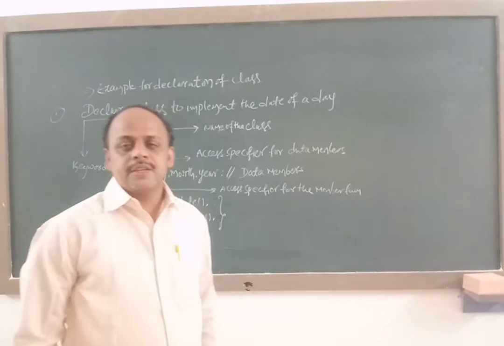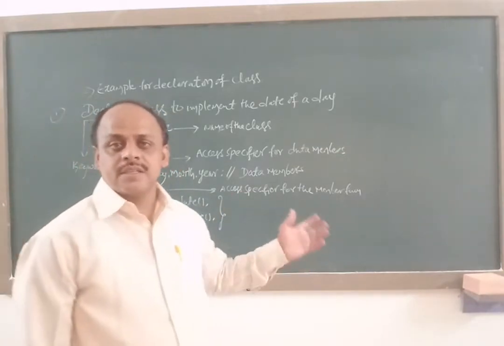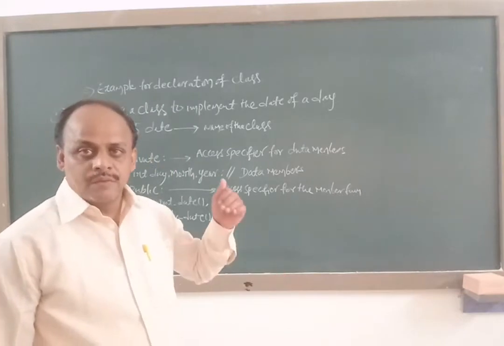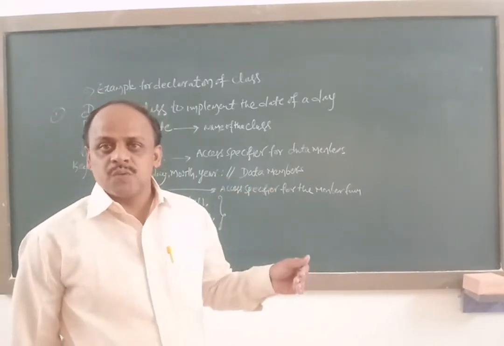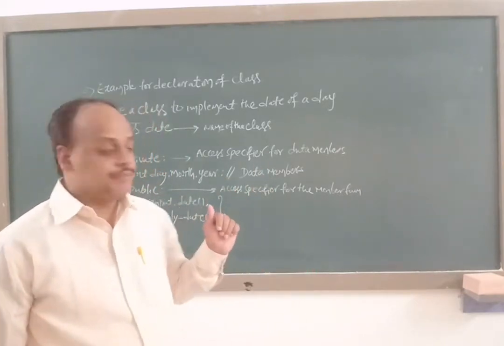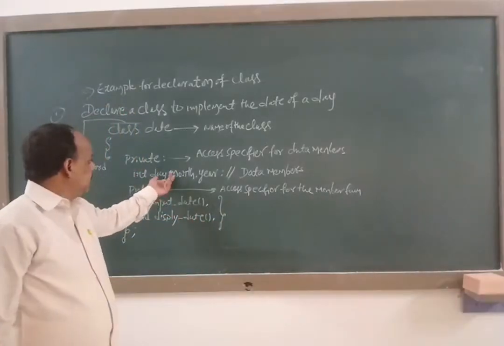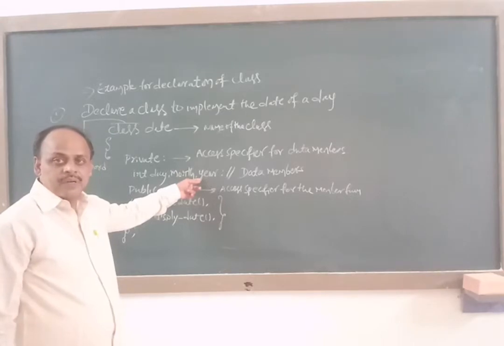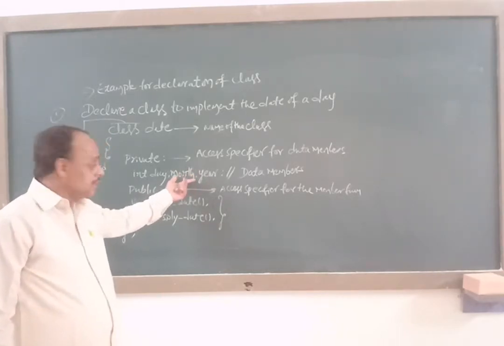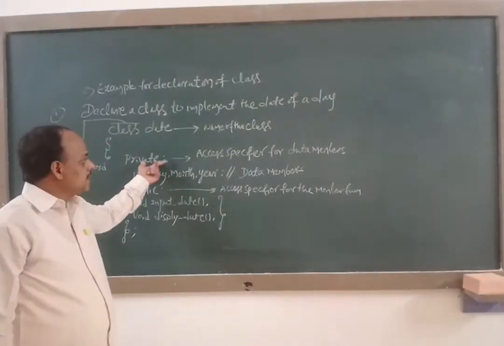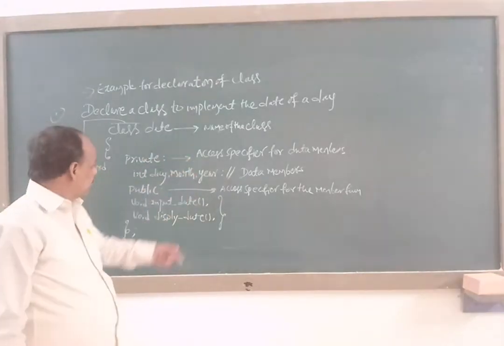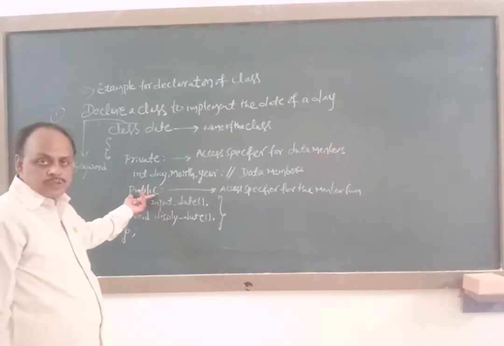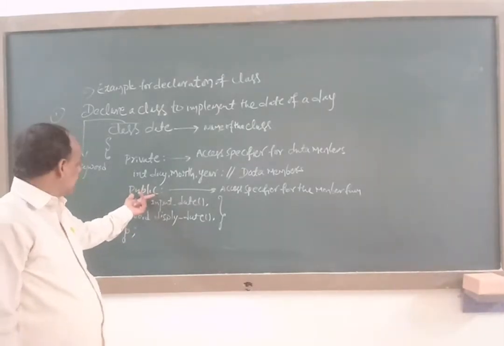Yesterday only I told that a class contains data members as well as member functions, and for these members we have to write an access specifier. So here day, month, year are the data members. For those data members, this private acts as the access specifier, and for these member functions also we have to write an access specifier, that is public.